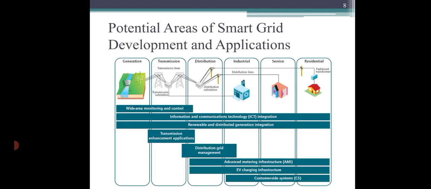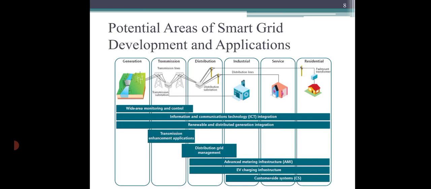In these potential areas of smart grid development and applications: generation, then transmission lines, transmission substations, then distribution substations, industrial areas, service, residential. These are the customers.